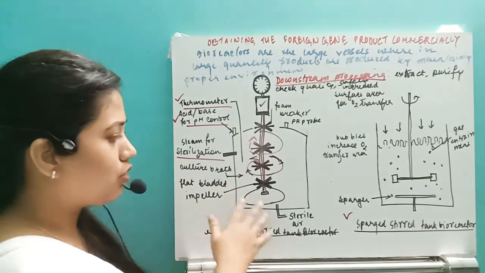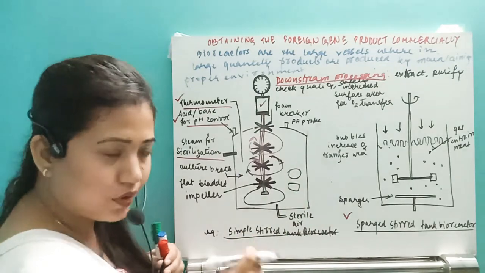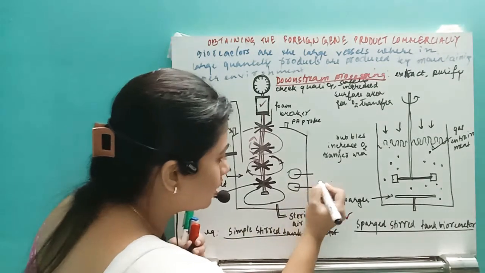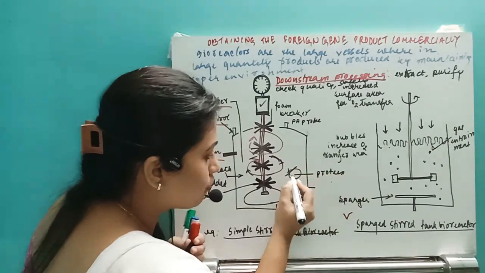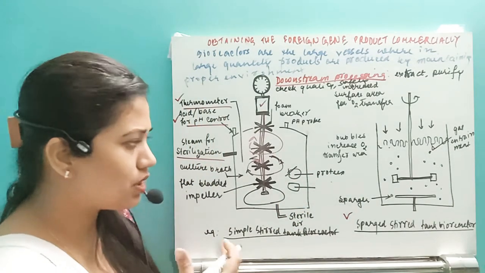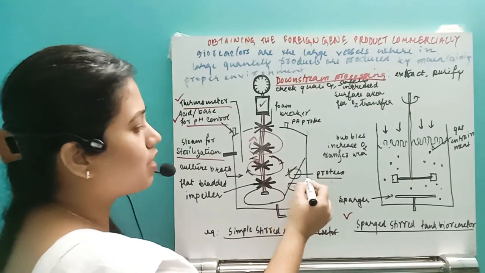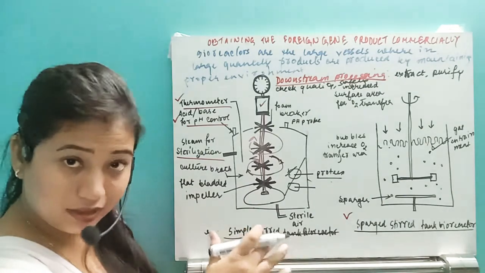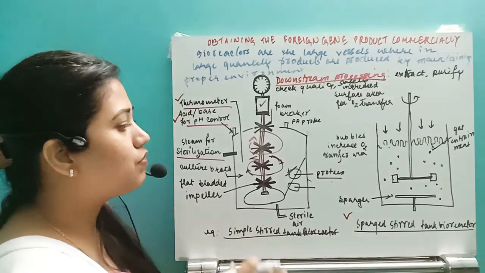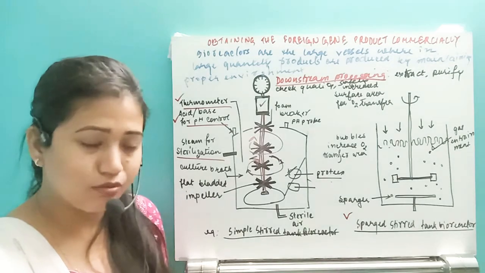In the bioreactor, suppose the cells have produced the protein. First of all we have to extract the protein from the cell. We don't need the whole cell, we just need the protein. So first from the cell we will collect the protein. That protein will be purified. After that we will check the quality of the protein, whether it is the normal, desired protein or not.